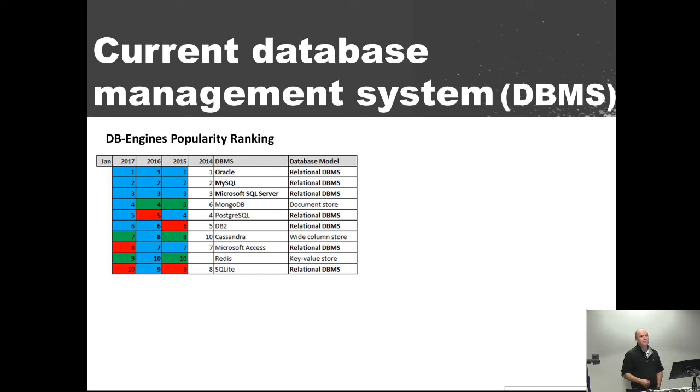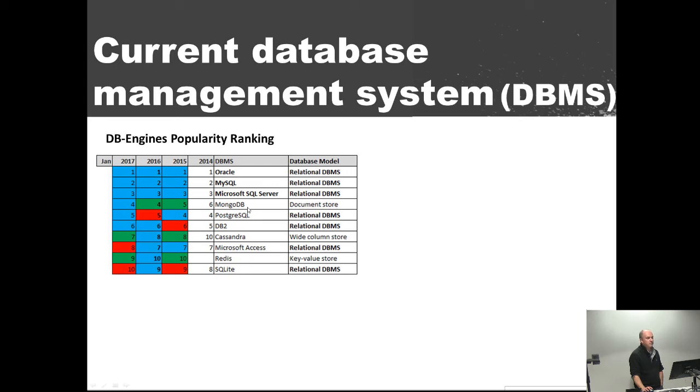What is also interesting is what kind of database models are used. I've put in bold the relational databases. That's the one we have been looking at: tables which are linked through primary keys. And you see that the large majority of the systems are based on this relational database model.